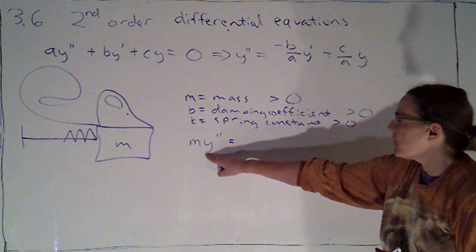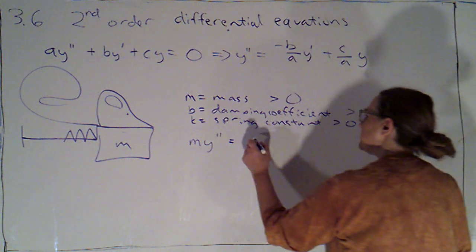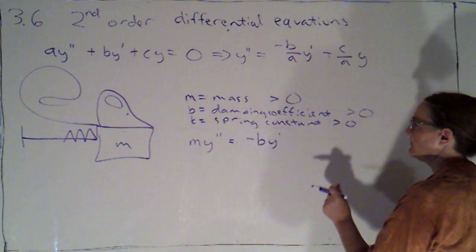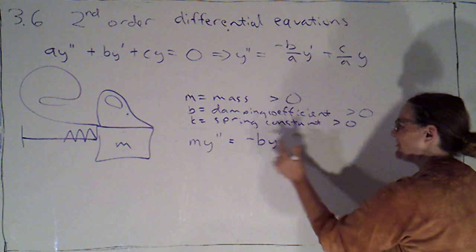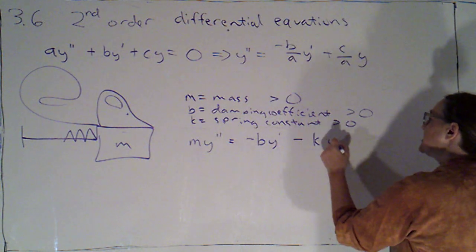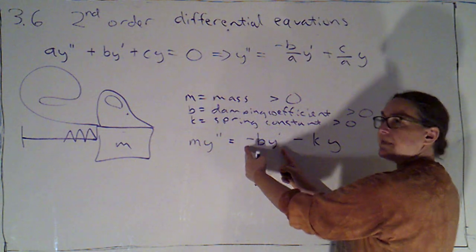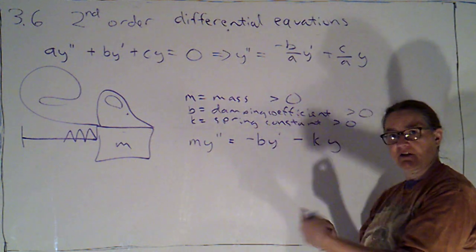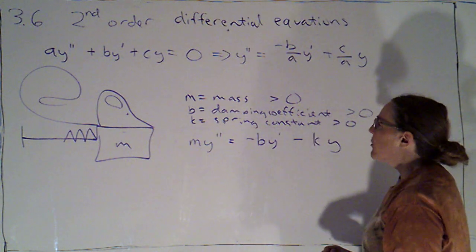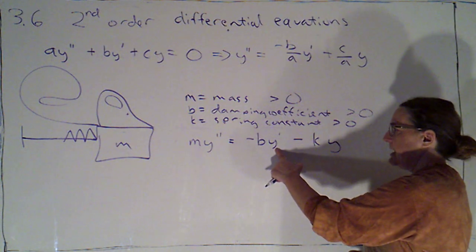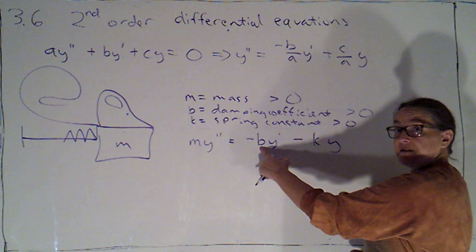Okay, and the total force, we said, was equal to the damping force plus the restoring force of the spring. So the damping force, that was the combination of friction and air resistance. We said that that was going to be proportional to the velocity, but it was going to act in the opposite direction.